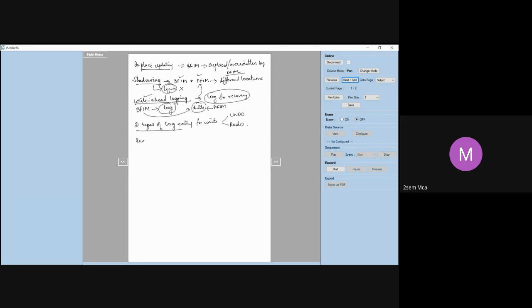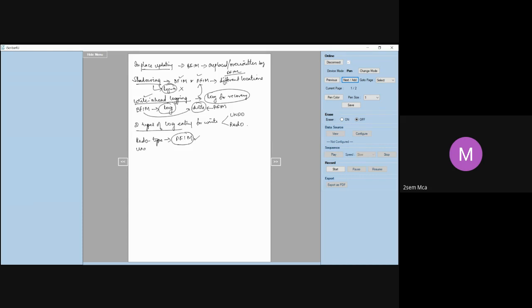A redo type log entry will include the AFIM of the item. That means in your system log, you are going to write the AFIM value also. Why? Because whenever you want to redo some operation, this AFIM value is required. That is why the new value of the operation is also set in the log.